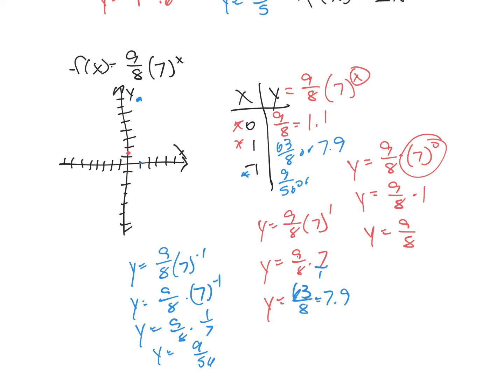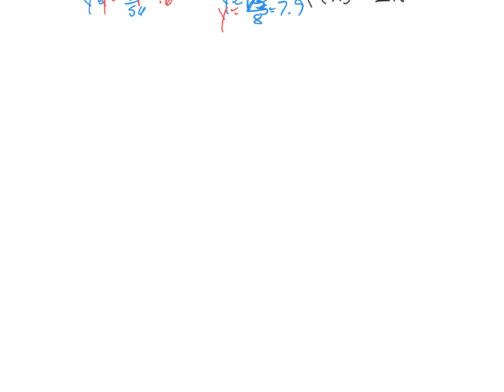Or we can estimate about 0.16, so negative 1, and it's going to be really close to the x-axis, right? Again, this point is closest to the x-axis, so it's where it's going to flatten out close to the x-axis, and it's going to go up. Okay, let's look at one last one.